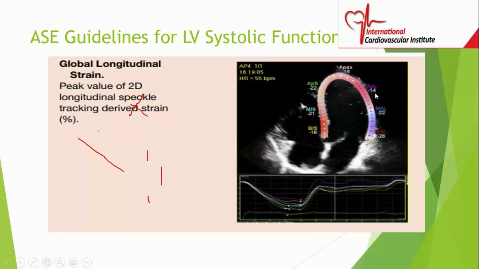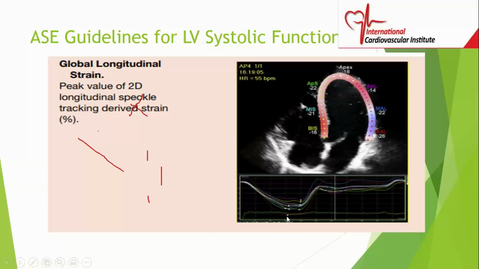Okay, you can see this is negative 14. So it's a little bit abnormal. Negative 16, probably a little bit abnormal. But you do strain analysis for the different segments. And then you put it on the curve, and it's color coded. So each segment has a different color.